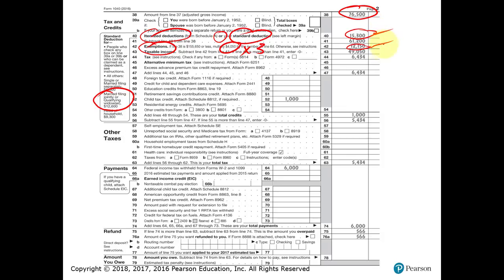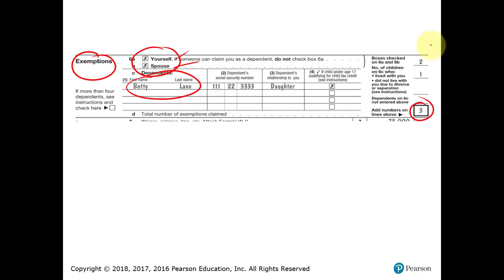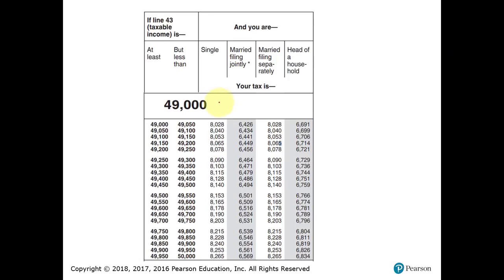So what we're left over with is a taxable income of $49,050. And because it's less than $100,000, we would find our tax liability for the whole year by looking at the tax tables. So I have a cutout portion of the tax tables right here in the range of 49,000.